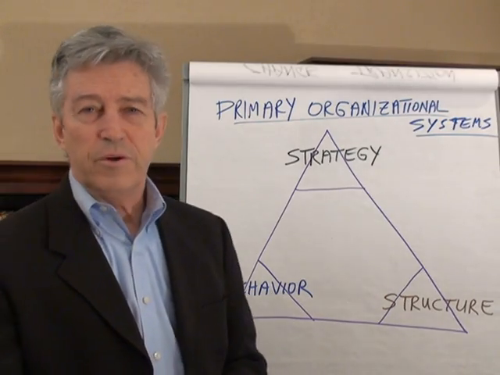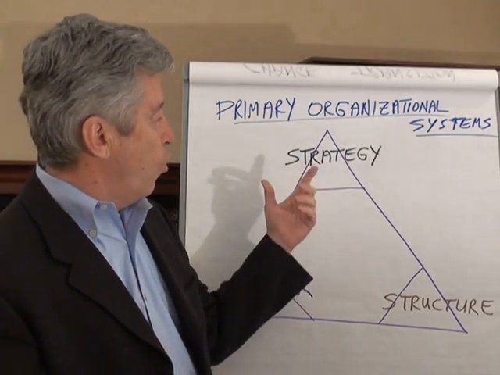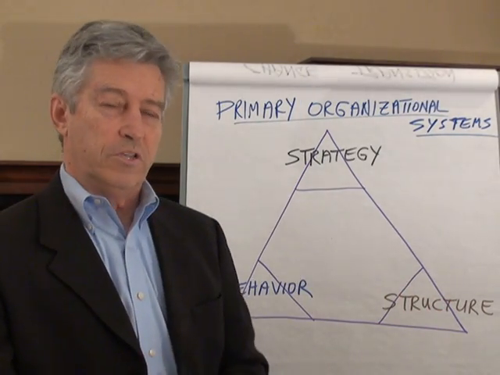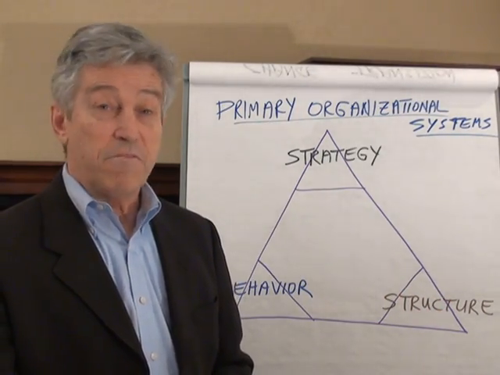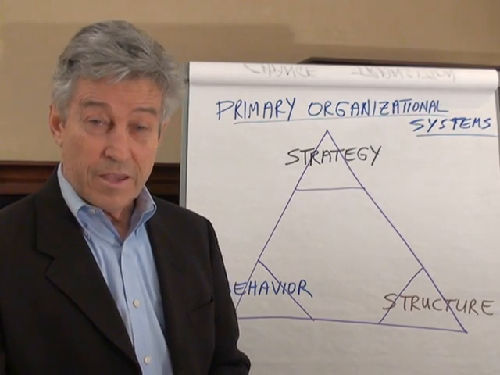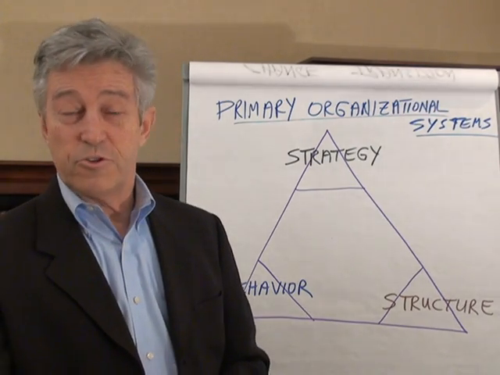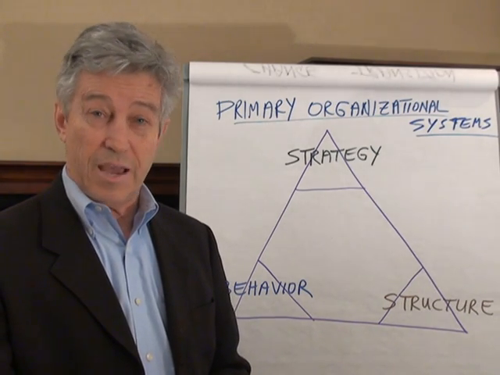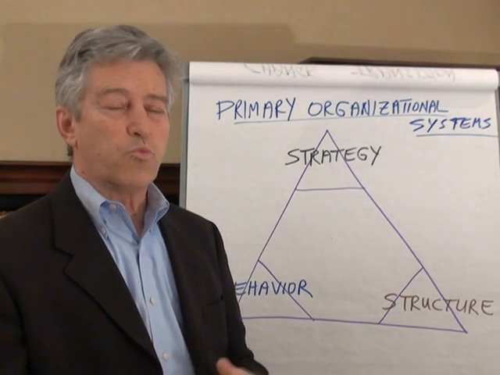Now, when we're dealing with a major change, one or two or all three of these major systems may very well be affected. But one thing is for sure, you can't deal with all of them realistically at the same time. If you do, it becomes way too complex.